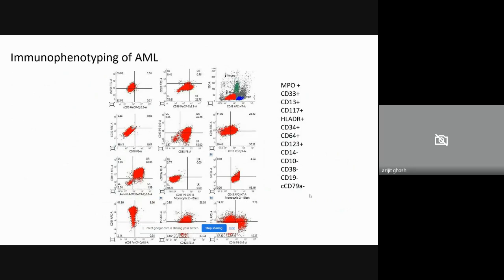So this is a basic picture of immunophenotyping of an AML patient, where you can see that MPO is positive. These are the specific myeloid markers.